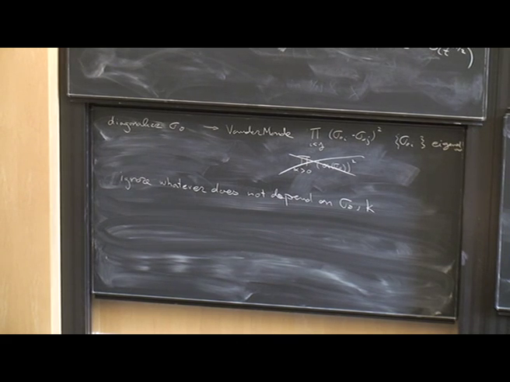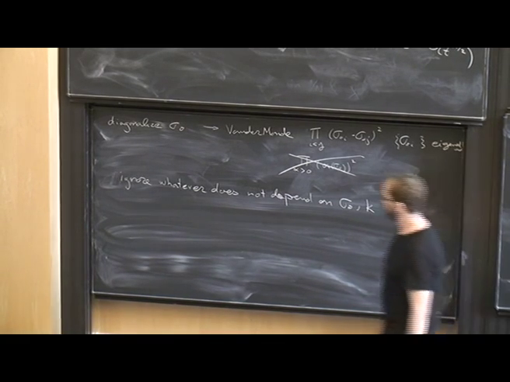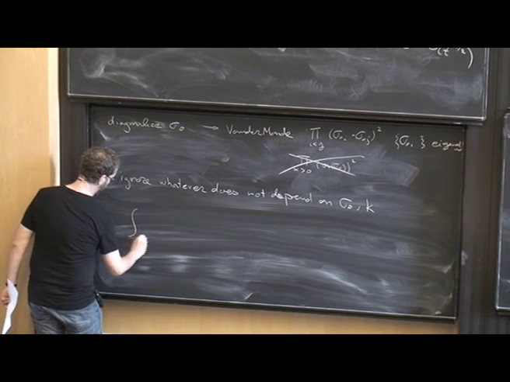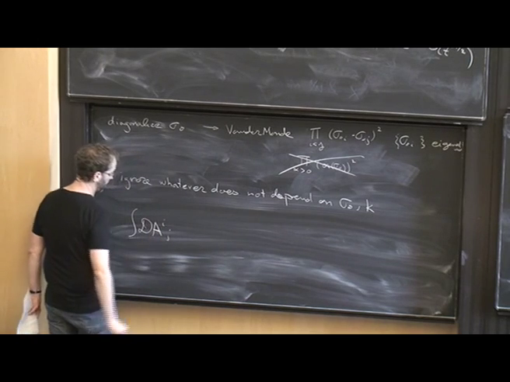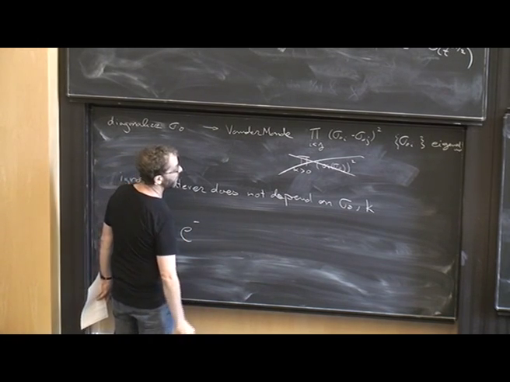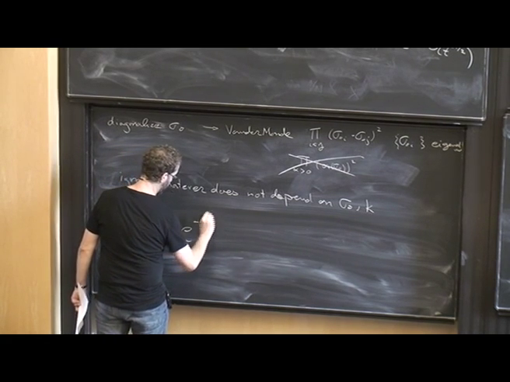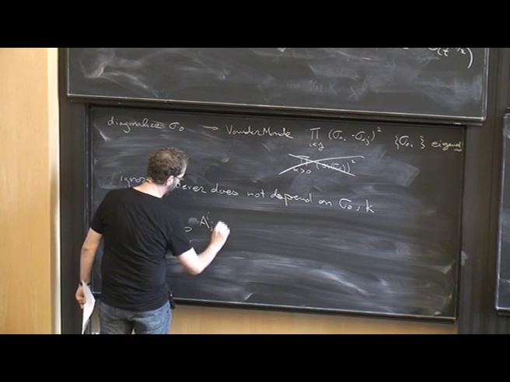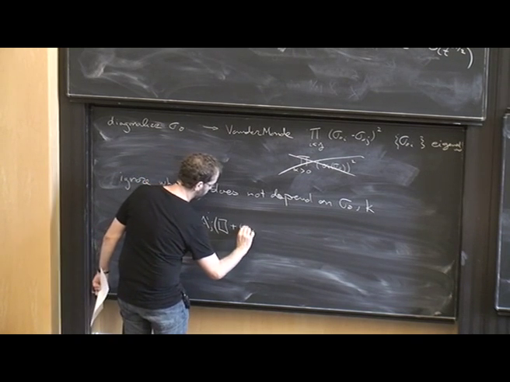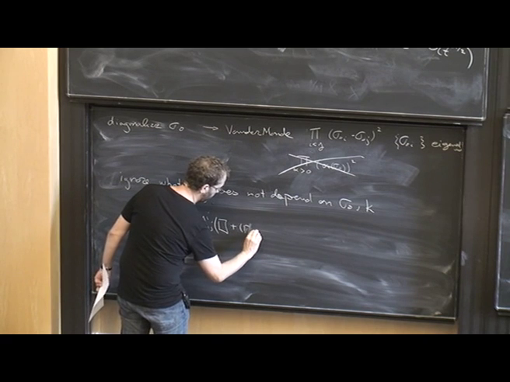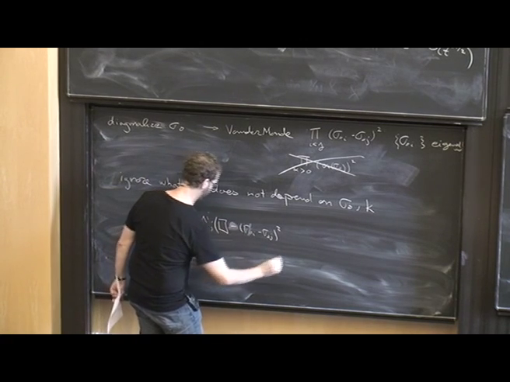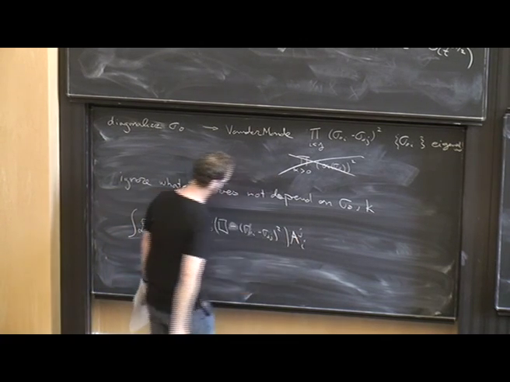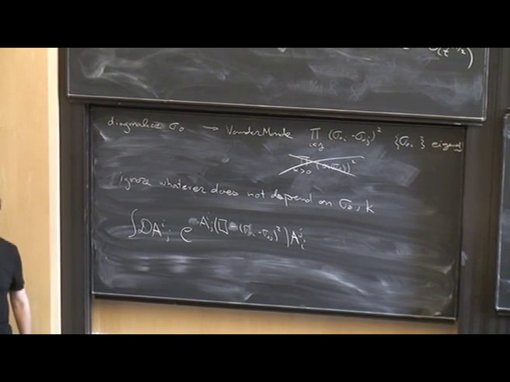So all we need to worry about are these terms. What we need to calculate is an integral of the Vandermonde J, e to the minus the action, with A_ij times the operator plus (sigma naught i minus sigma naught j) squared A_ji prime. So we need to do this, which is a Gaussian integral.